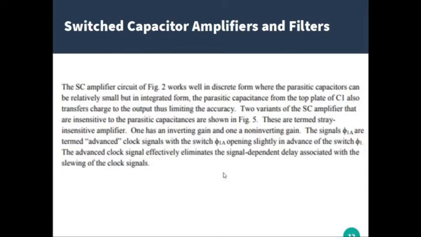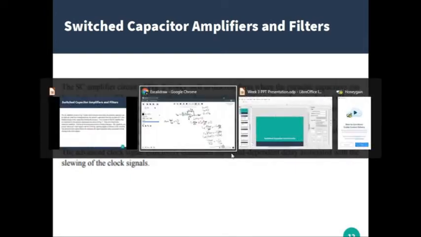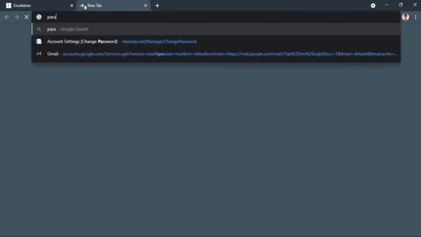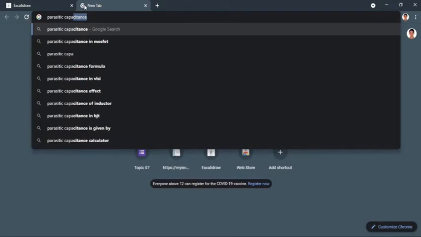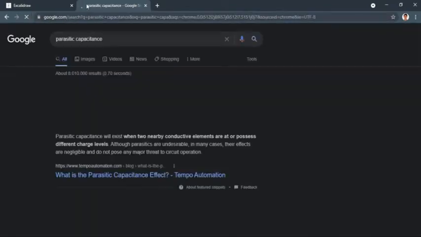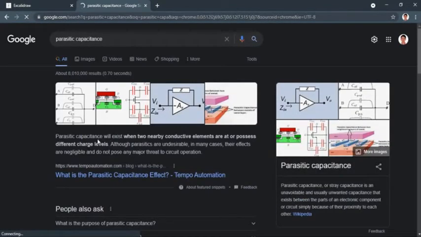Okay? What do we mean by parasitic capacitance? Let's take a look at the meaning of parasitic capacitance. Parasitic capacitance will exist when two nearby conductive elements possess different charge levels.